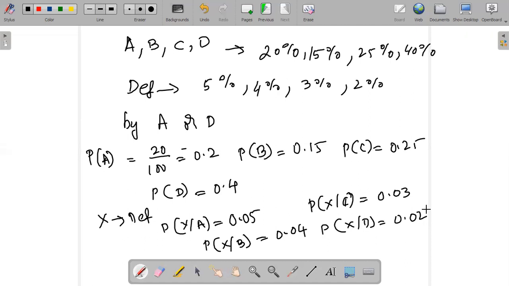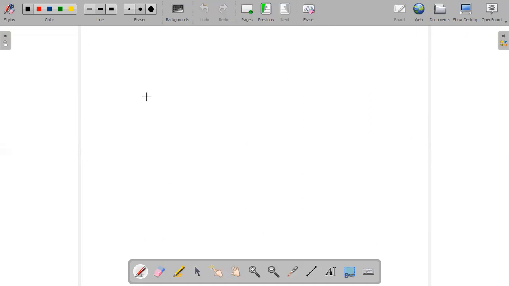Now, there is a change in the question. It was asked A or D: if a bolt drawn at random was found defective, what is the probability that it was manufactured by A or D?